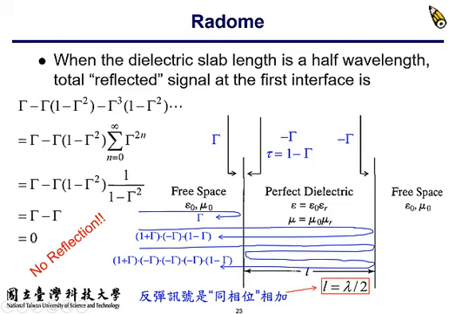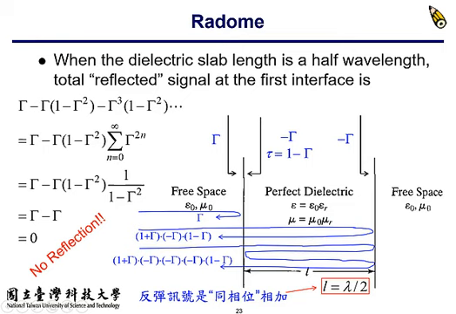And magically, if you choose L equals lambda over 2, note that there is one thing that we didn't indicate in this derivation, which is the propagation delay in terms of the phase change in the transmission line. Note that we choose the length of the radome as lambda over 2.